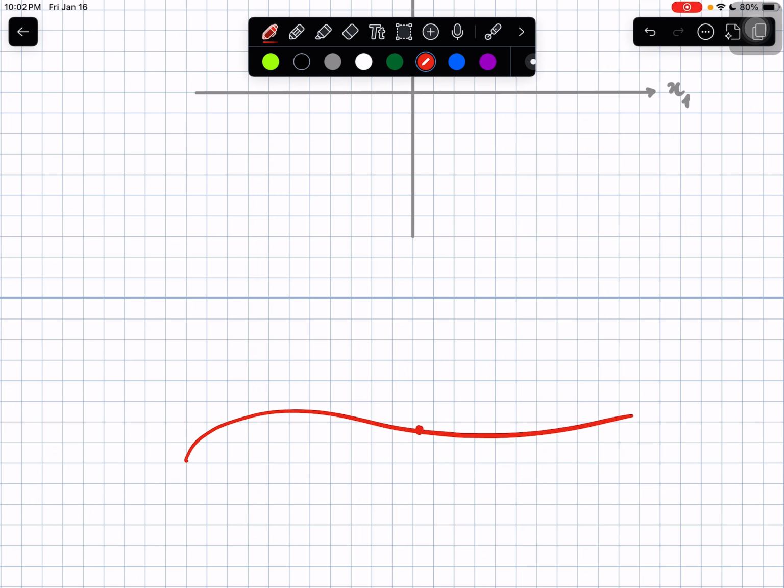At t equal to 0, the point is here. When t goes to infinity, the curve goes from time 0 toward infinity. The other side, t going to minus infinity, the curve goes like this, in this direction.